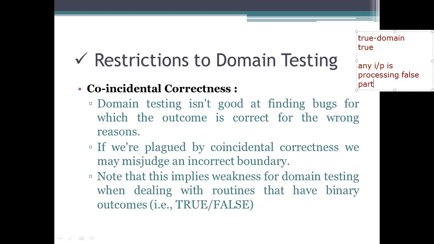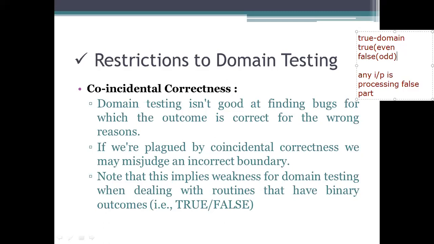For example, if a true domain means even, then the false domain means odd.